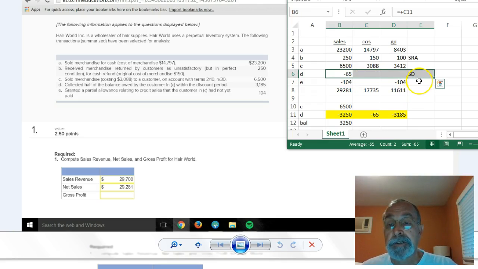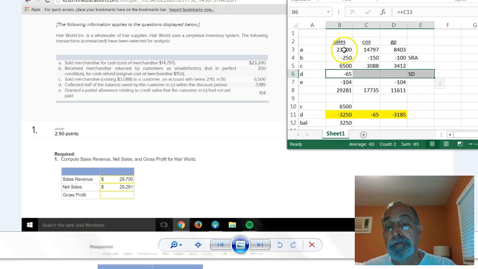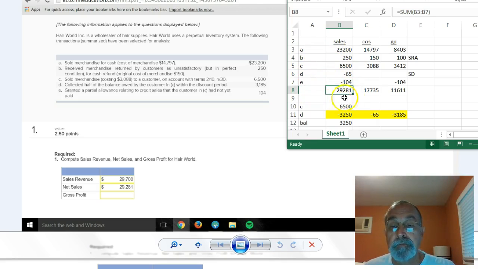It's debited to the sales discounts account. Just as this $250 isn't debited to the sales account, it's debited to the sales return and allowance account, but the net effect of both of these transactions is to reduce sales. Essentially, we go from gross sales down to net sales.